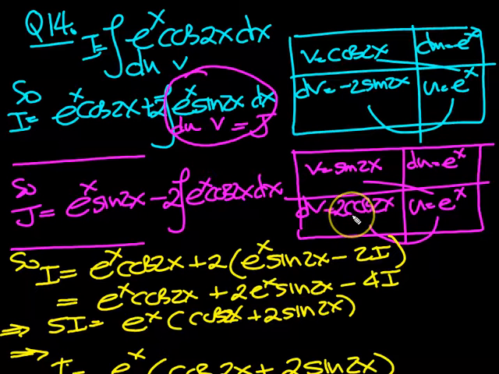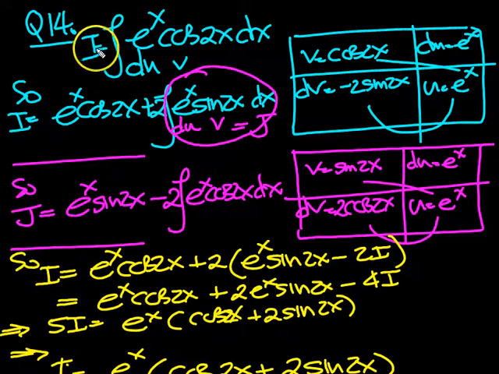Put the pieces in the jigsaw for j there. uv, which is what we've done there, minus 2 integral u dv. So I put the 2 at the front, and then it's e to the x cos 2x, which is just what we got at the outset. So that's I. So j is equal to that minus 2I.